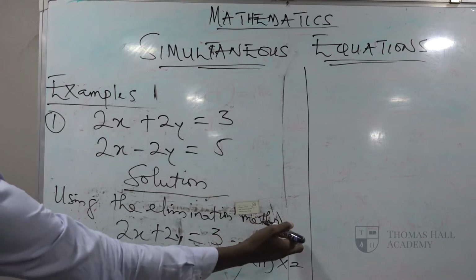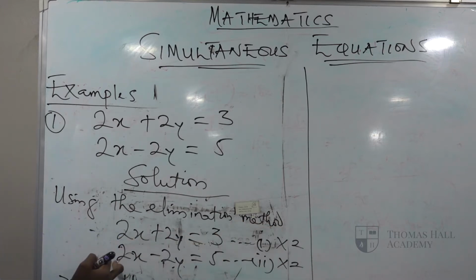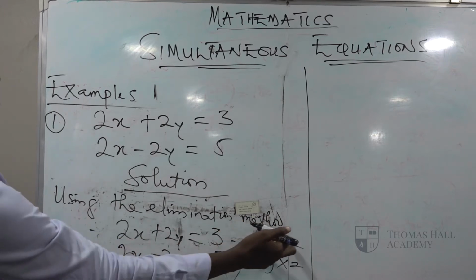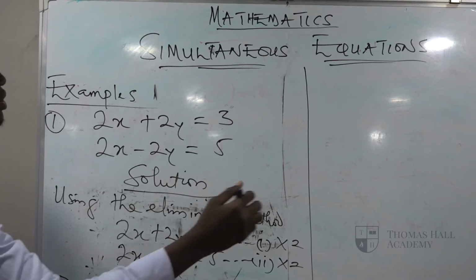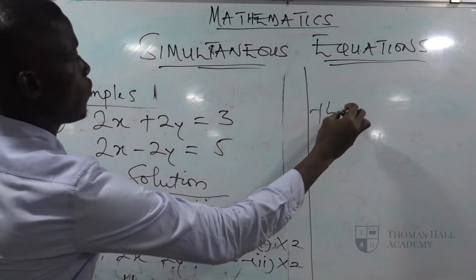You can see by multiplying by the coefficient of 2x here, we have a different set of equations. Now 4x minus 4x gives us 0, nothing there, plus 4y minus 4y.